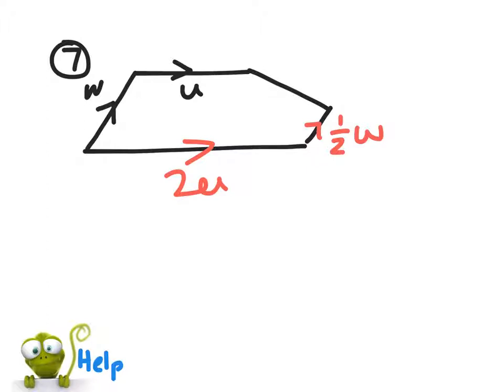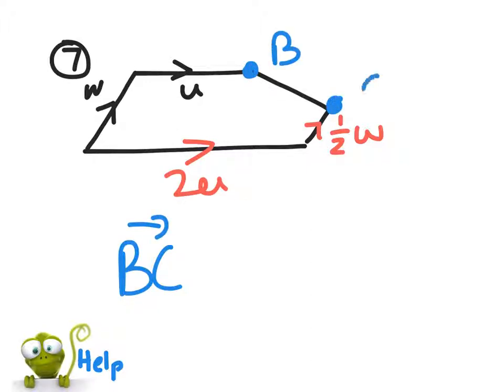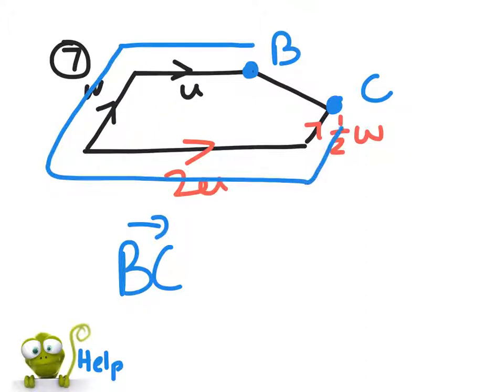Then for the actual question itself, we've got to work out how do you get from b to c. Well, b's up here and c's here. Now we need to go the long way round. So we're going all the way along the top, all the way down the side, all the way along the bottom, and then all the way up there. So we just need to add these vectors up.